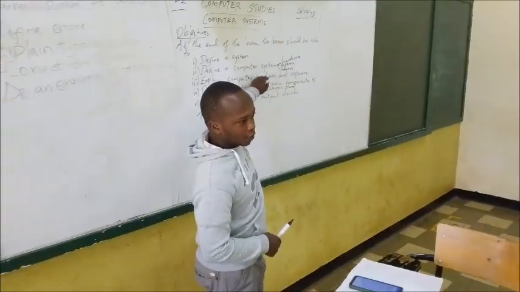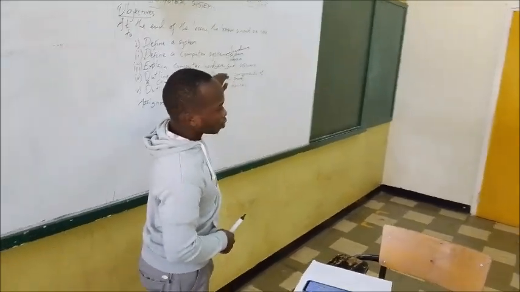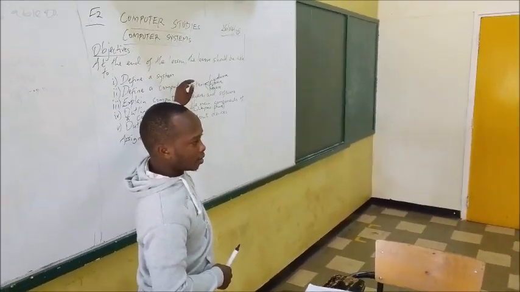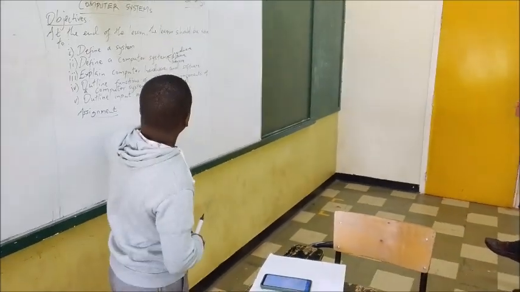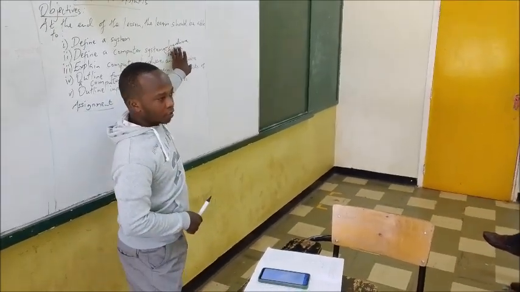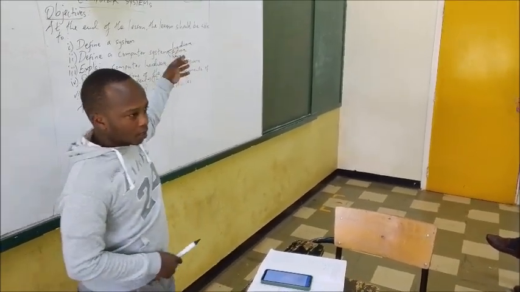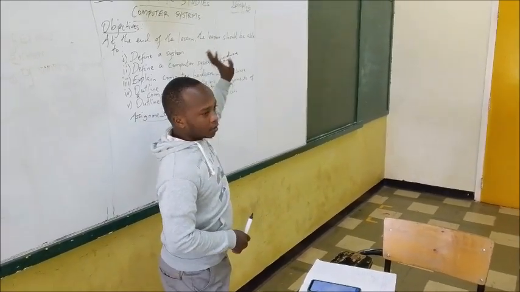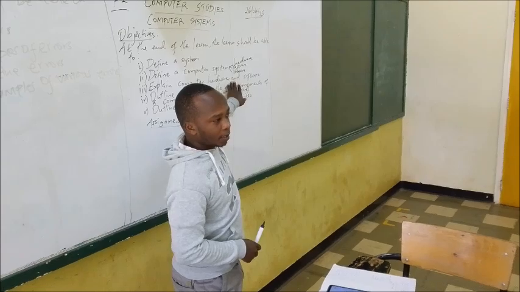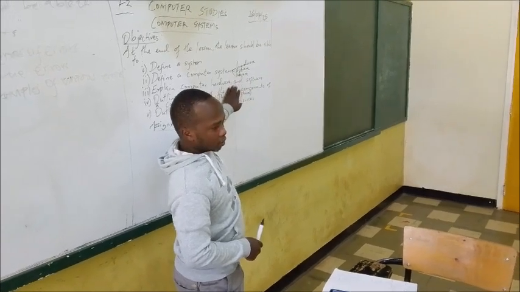So these three components, if we can look at them individually: computer hardware refers to the physical components of a computer system, those that are tangible, like the mouse, the keyboard or the monitor. And then computer software refers to the programmed instructions which have been given a specific purpose in the computer system.